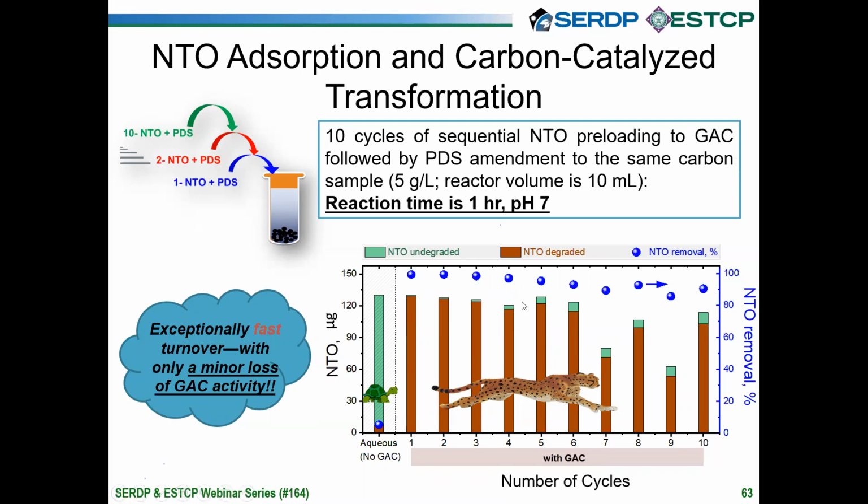On the right is the 10 cycles of NTO decay in the presence of PDS and GAC. We can see that GAC generally maintained its performance with a slight decrease in reactivity towards the very end. And overall, GAC was able to degrade 28% of its own weight after 10 cycles at neutral pH.